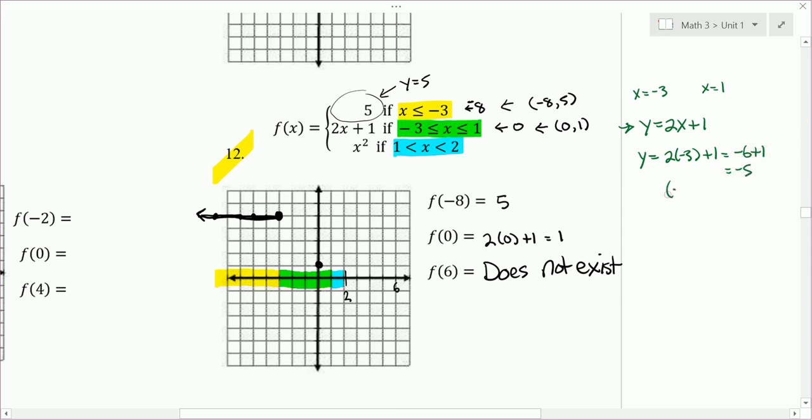So -3, -5 is something we need to plot. Open circle there. And then the other one we need to plug in positive 1, and we end up with 3. So 1, 3 is another point we want to plot.